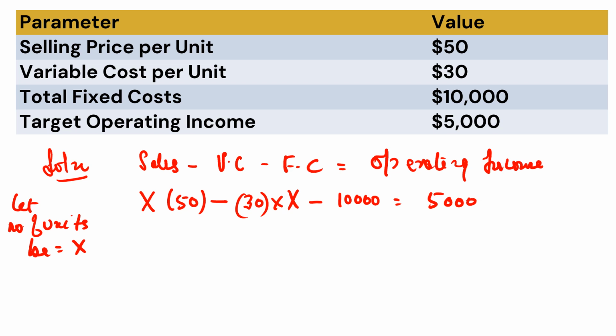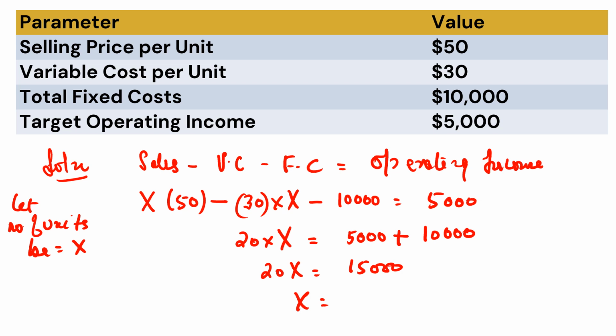So now these two are like terms, correct? So we'll do 50 minus 30, 20 into X is equal to, now minus 10,000, you carry it to the right hand side and it becomes plus 10,000. So you get 20x is equal to 15,000.